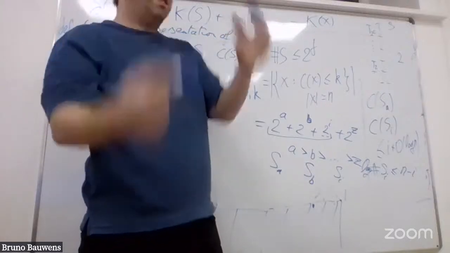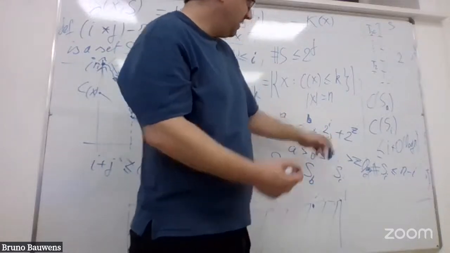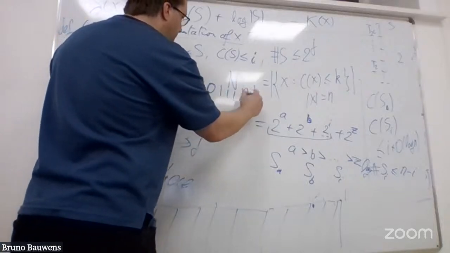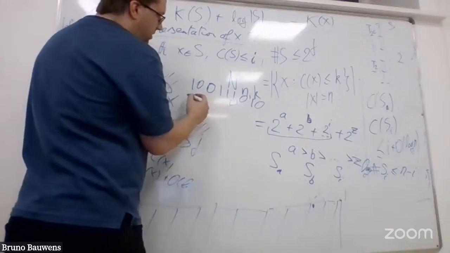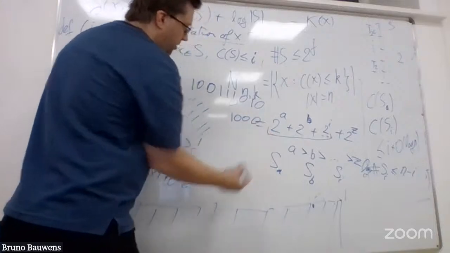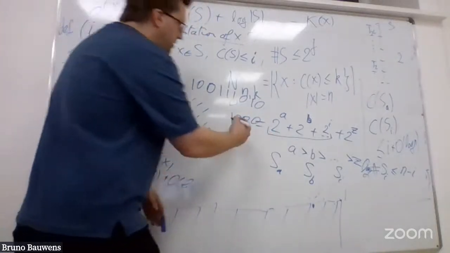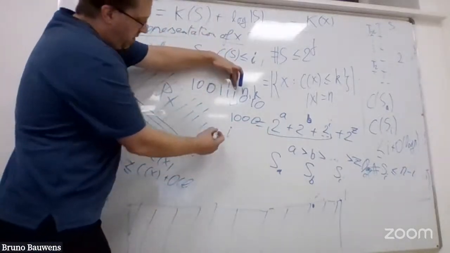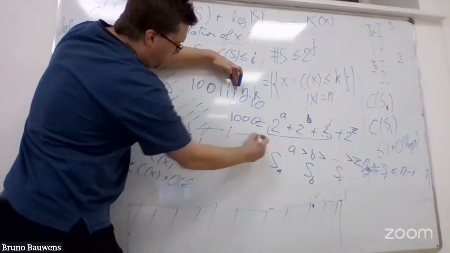So there is a number 1, 0, 0, 1, 1, 1, 0, 1, 0. What we are doing here is that the size of the set is 1, 0, 0, 0. So if i is equal to n minus 4, if this position is the i-th position, here is 1 and here is n.